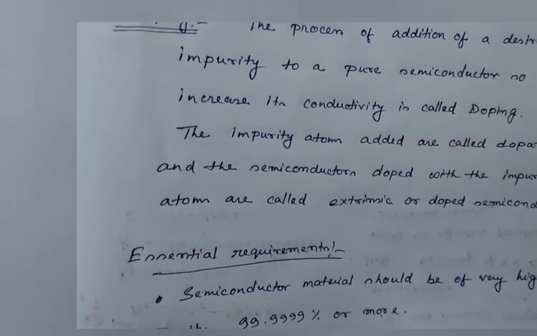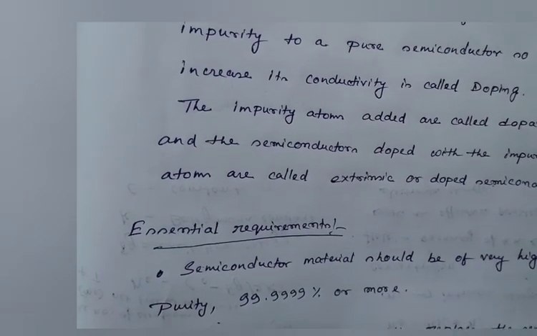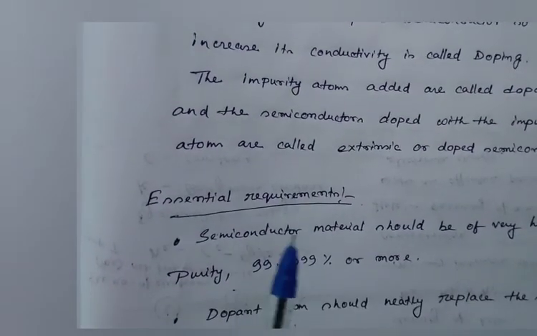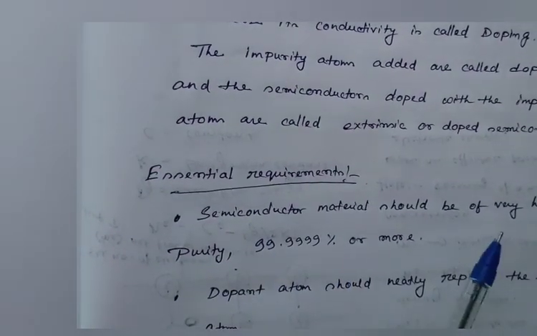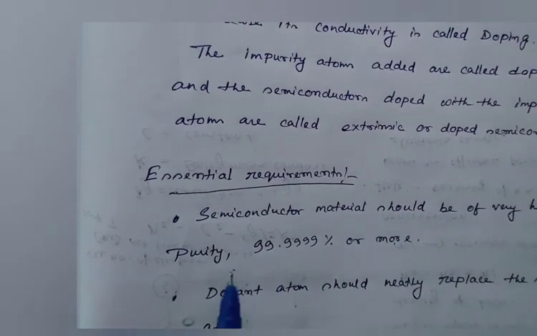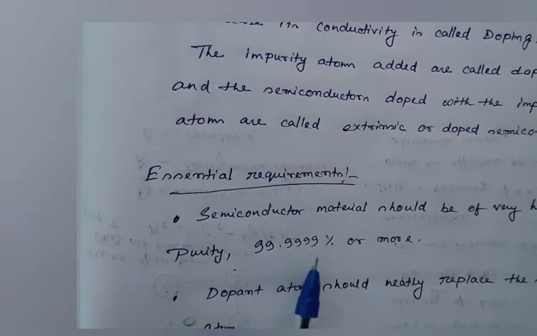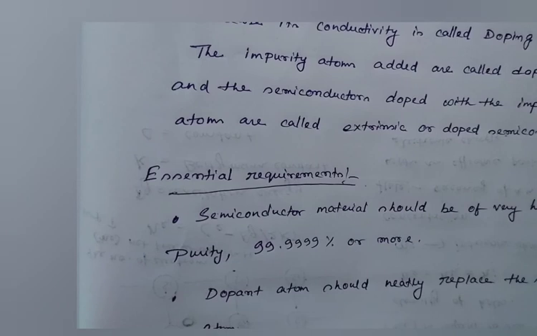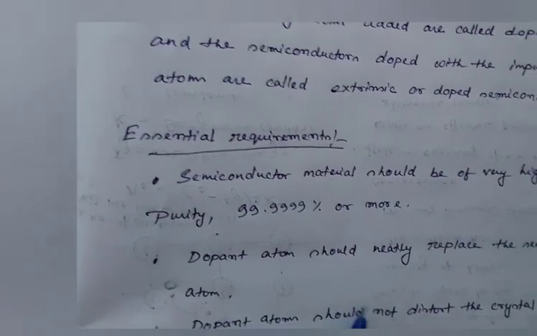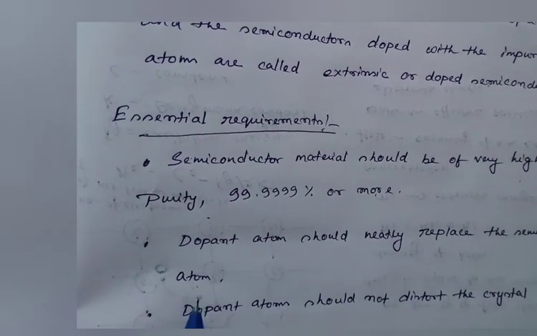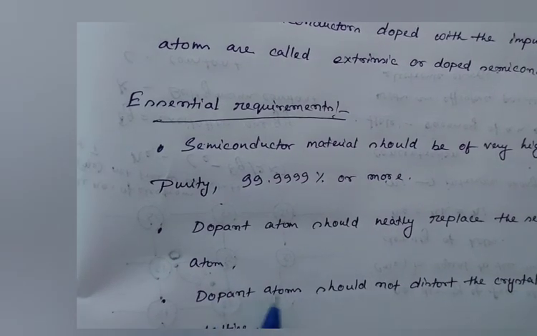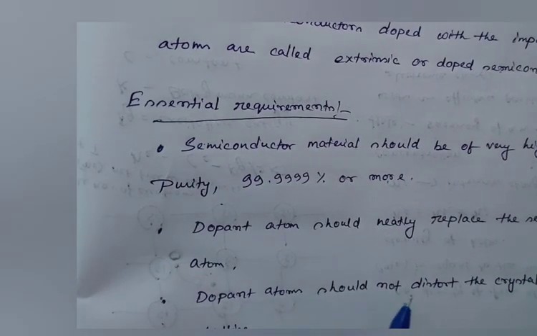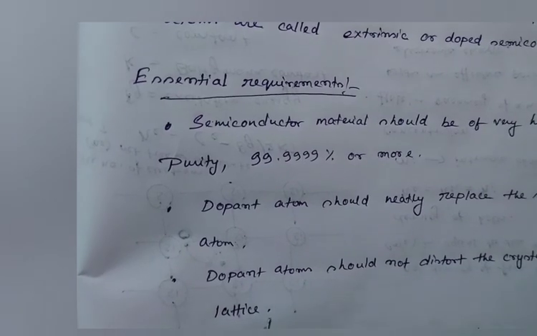Now for this doping, the essential requirements are the semiconductor material should be of very high purity, that is 99.999% or more. The dopant atom should neatly replace the semiconductor atom, and the dopant atom, that is the impurity atom, should not distort the crystal lattice.